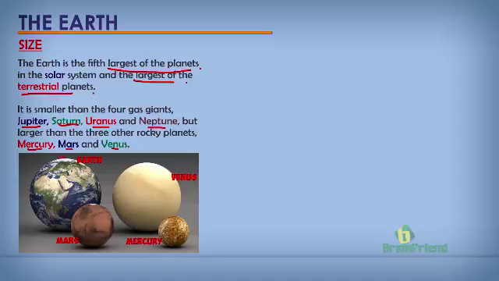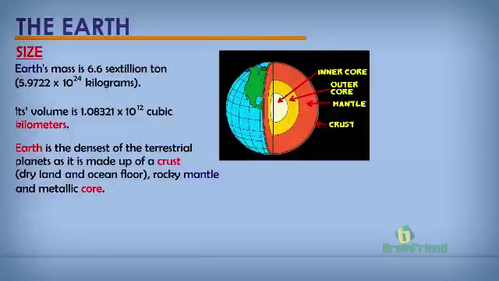In comparison, we see our planet Earth, like we mentioned earlier, is similar in size to Venus, also similar in density. Mars, of course, is much smaller than the Earth, and Mercury is the smallest of all the planets in the solar system. The mass of our Earth is 6.6 septillion tons.